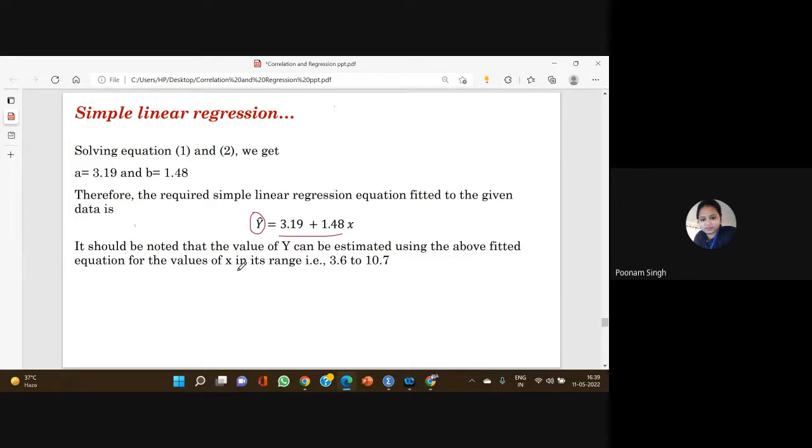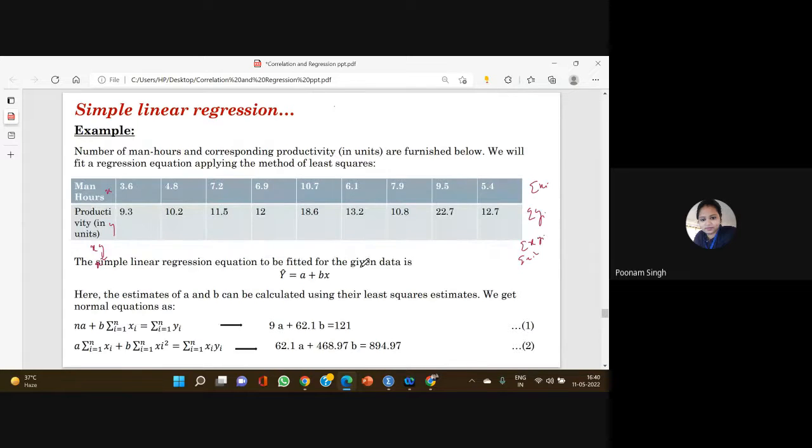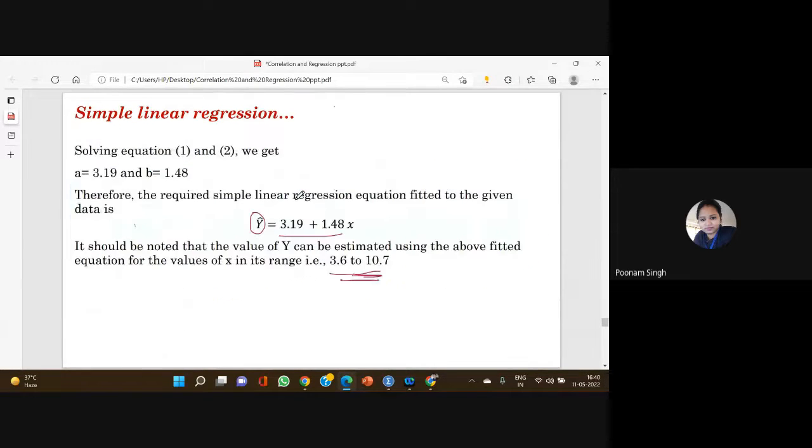So it should be noted that the value of y can be estimated using the above fitted equation for the value of x in its range 3.6 to 10.7. This is what I told you during correlation, that prediction can be done within the range only. Means for the values of x, the range is from 3.6 to 10.7. So we can do the prediction for values of x in the range 3.6 to 10.7.